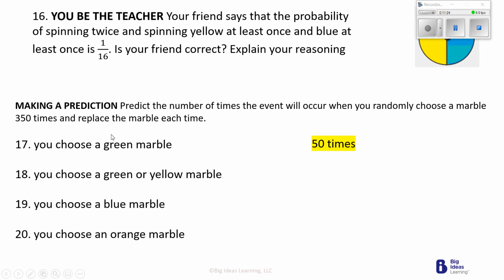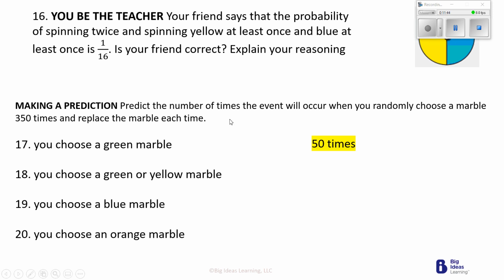Now we've got number 17. Predict the number of times the event will occur when you randomly choose a marble 350 times and replace the marble each time. Okay, so it says you choose a green marble, right?